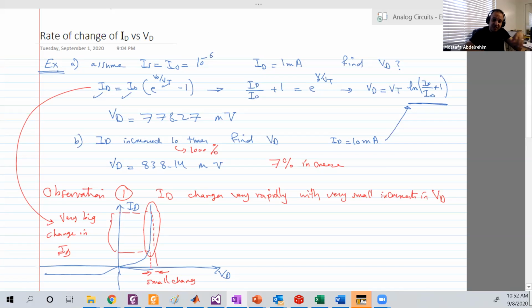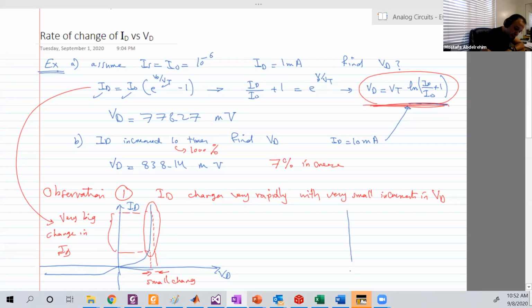Can we prove this in the opposite way? Yes. Just look at this equation here. We can understand why for a smaller change we have a bigger change in two ways: either by plotting ID, or by plotting the equation of VD, which we just derived from the original equation that we have. So let's draw it and see.